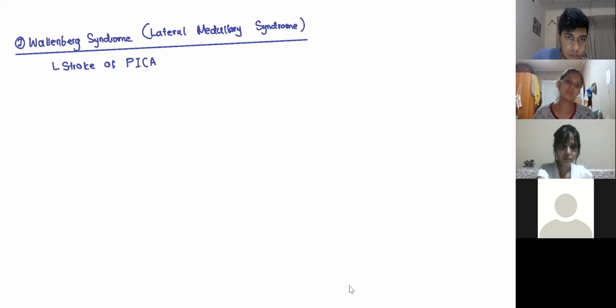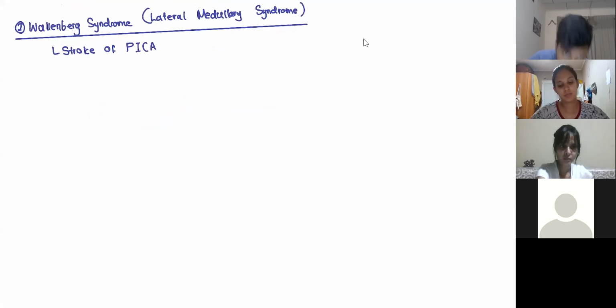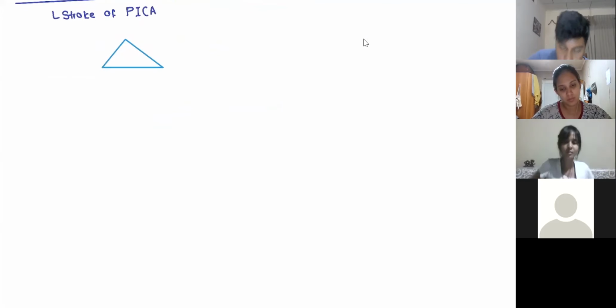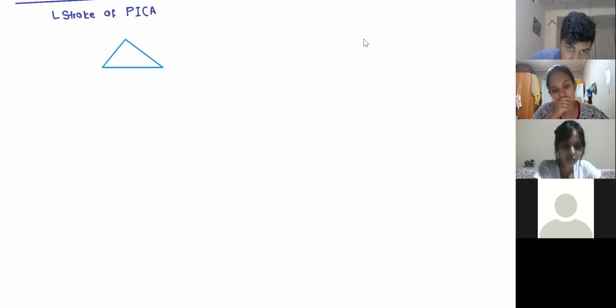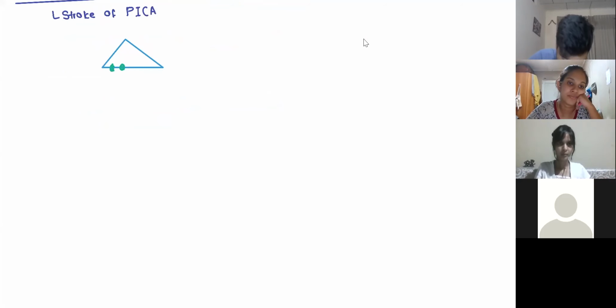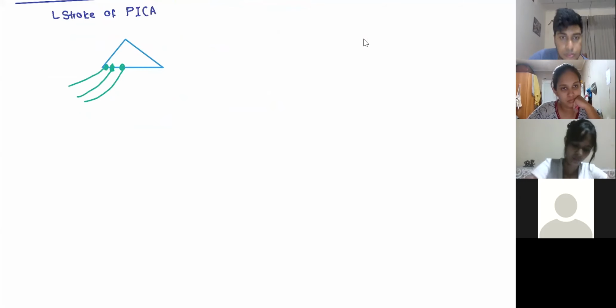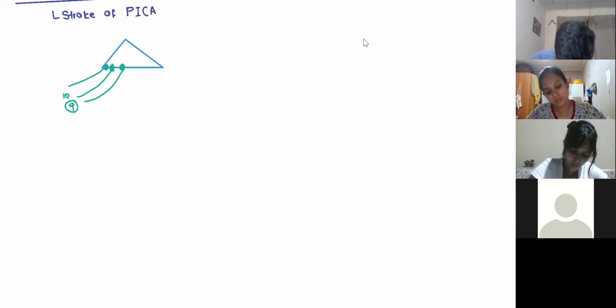Let me just quickly draw a diagram. So we have the fourth ventricle and we have cranial nerves laterally, 9, 10, 11.